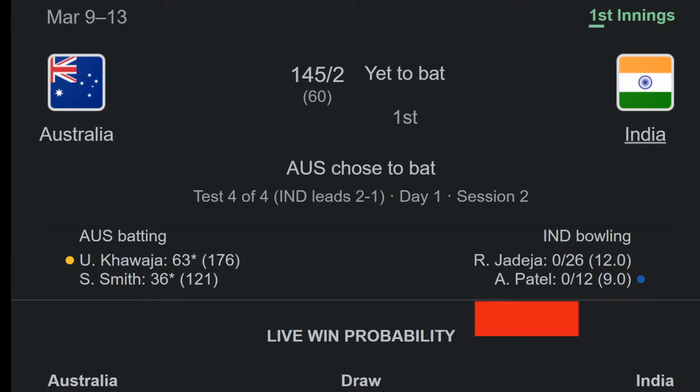145 for the loss of 2 wickets. 60.1 over. Jadeja to Khaja.